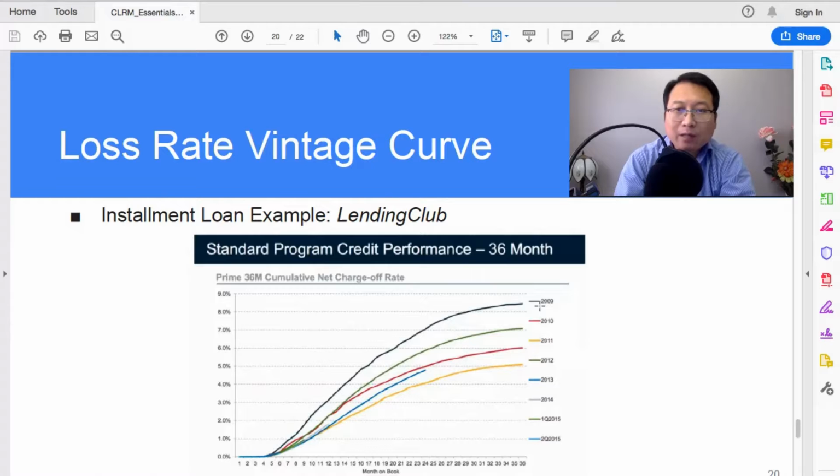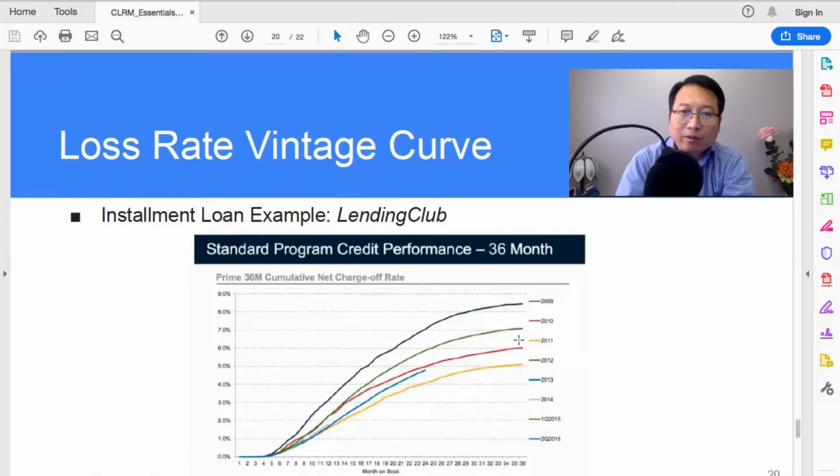Then the economy is getting better. That's probably also the adjustment of the strategy. So you can see in year 2010, the red line, it drops quite a bit. 2011, the yellow line, is even lower. Then 2012, it goes back up. That's probably because when you see the lower loss rate, Lending Club adjusted their origination policy, opening up through the strategies.